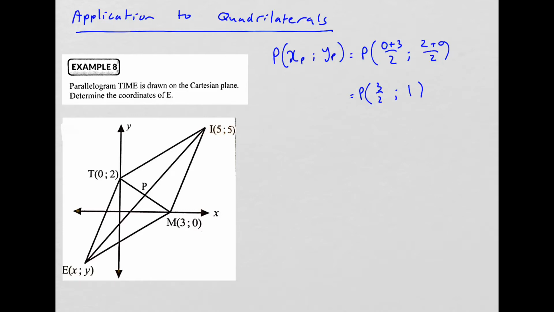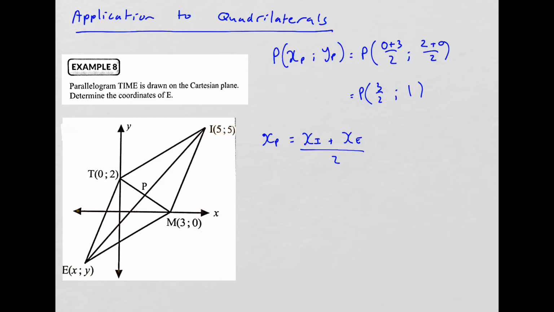Right, so now for point E, which has x and y, which we're looking for, we know that P is the midpoint of EI, because of the properties of the diagonals of a parallelogram. So we're now going to say that the midpoint x value, in other words xP, is equal to (xI + xE) divided by 2.